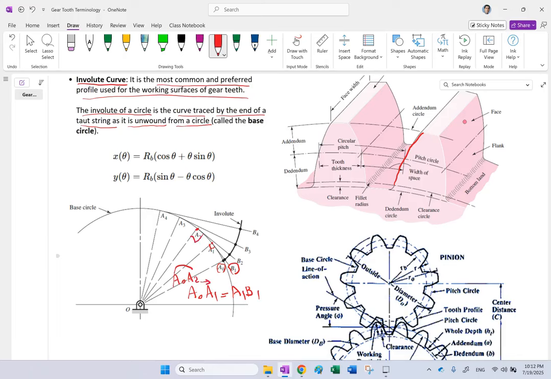Again, this angle is 90 degrees, and the length of it is this time going to be A2B2. So point A naught is now going to move to B2.